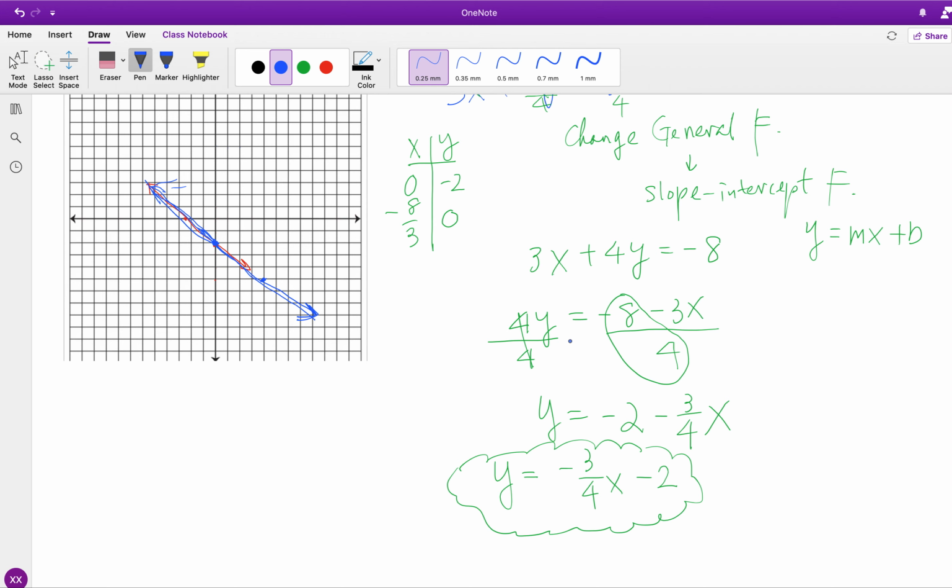Okay, so going from a general form into slope-intercept form, or from slope-intercept form into a general form, just uses different operations on both sides of the equation.